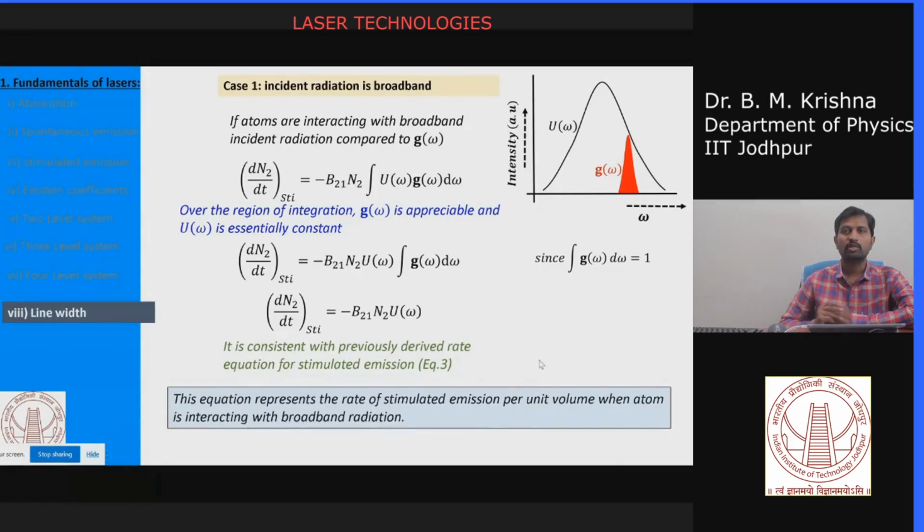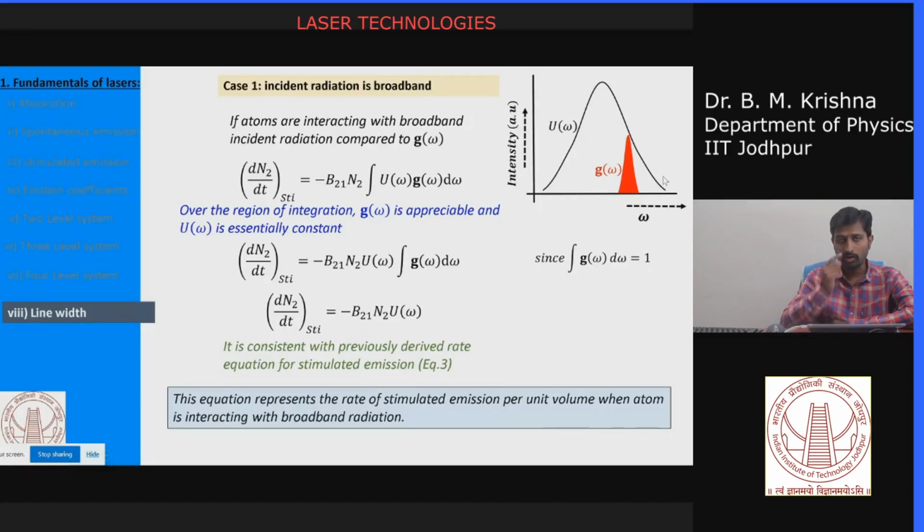So this equation represents the rate of stimulated emission per unit volume when the atom is interacting with broadband radiation. When we call it broadband, it means it has a number of spectral lines at different frequencies. Now if you see, it ranges from almost this frequency to this frequency.